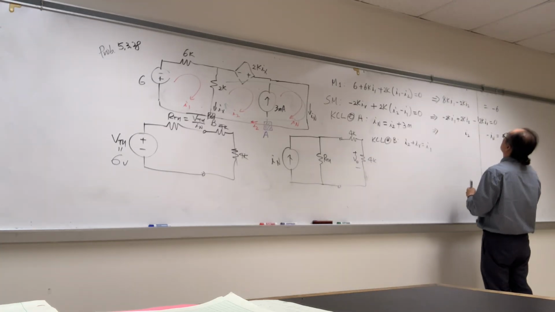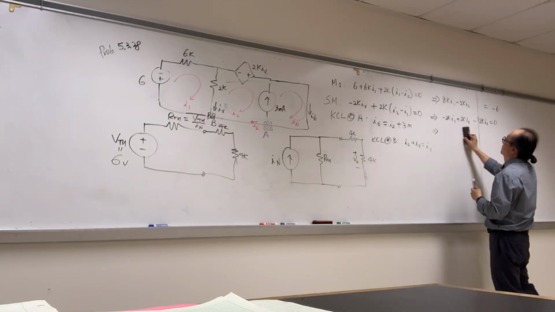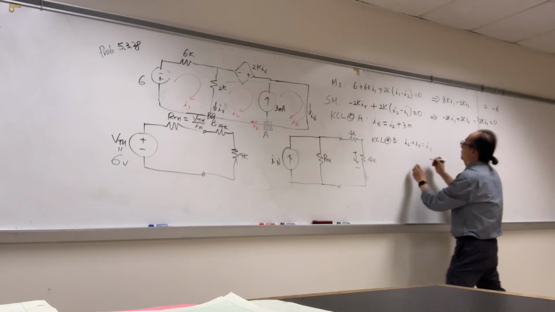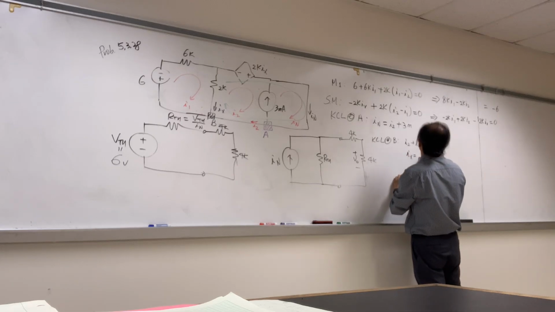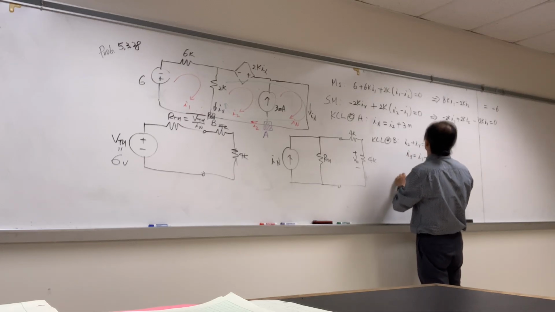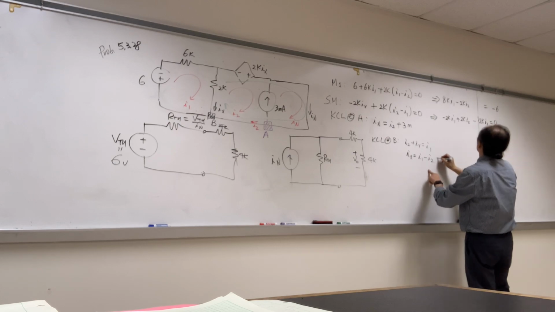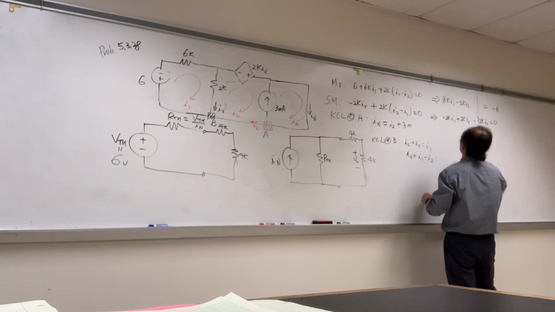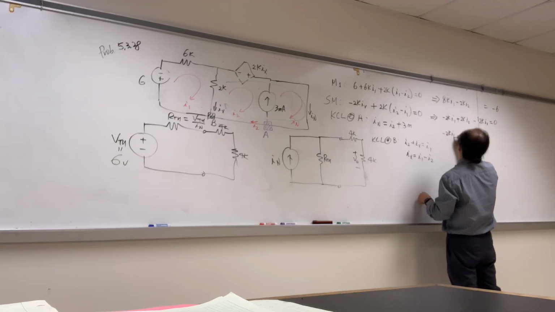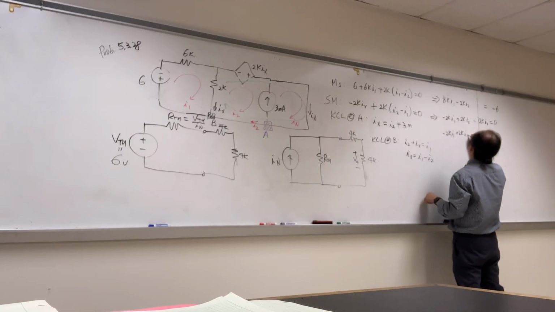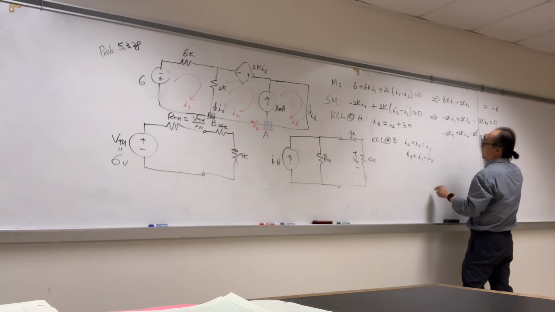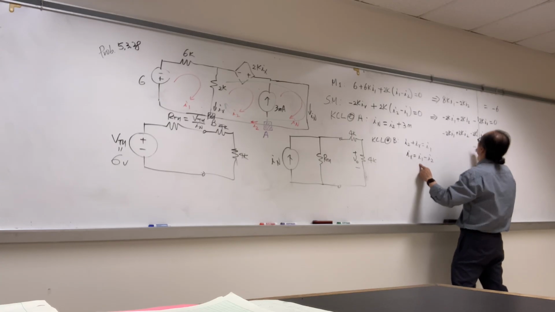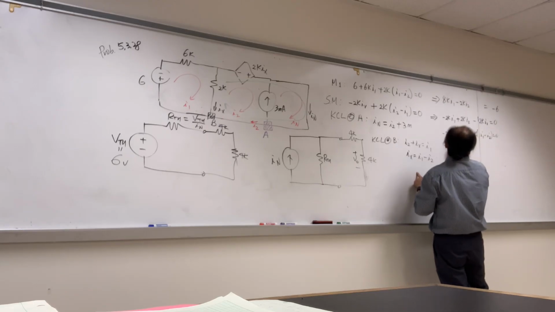So now let's get rid of I sub x right here. So I'm going to just erase this. And from here we have I sub x equals I sub 1 minus I sub 2. So let's put it up there. Then we have negative 2K I sub 1 plus 2K I sub 2 minus 2K times I sub 1 minus I sub 2 equals 0.